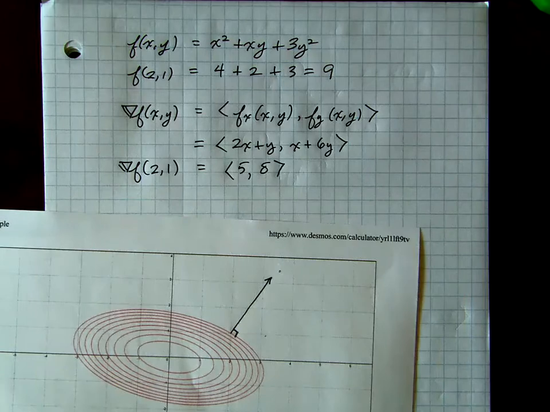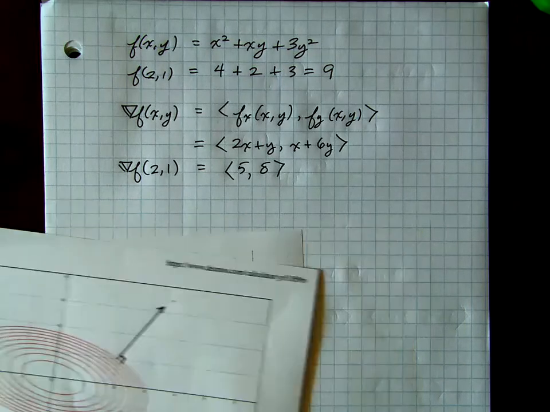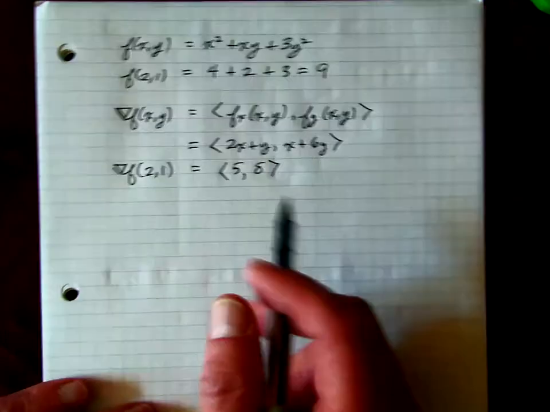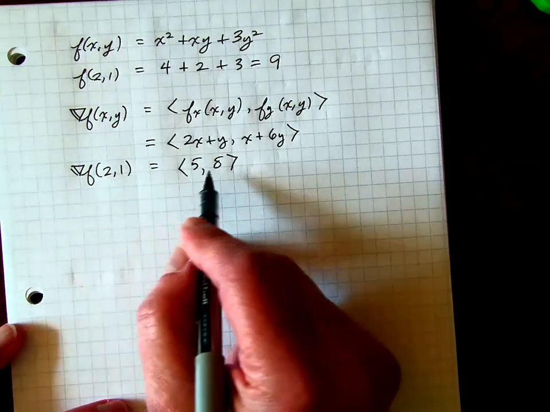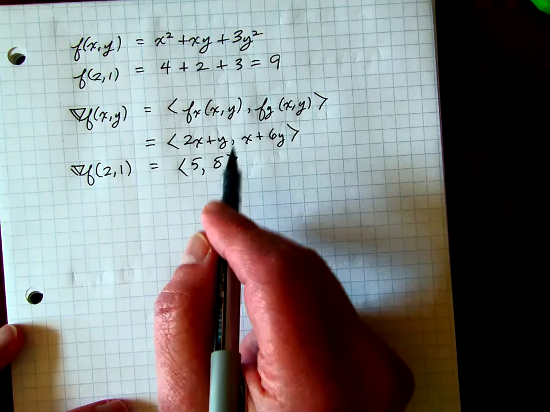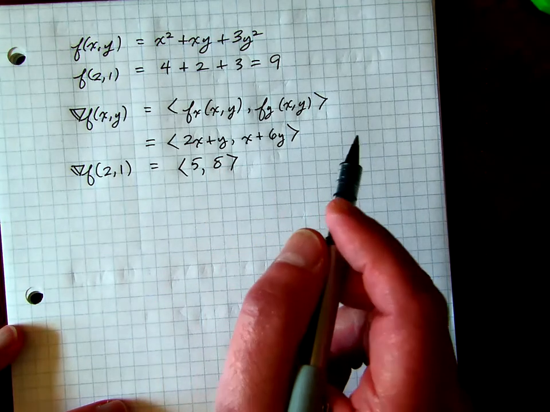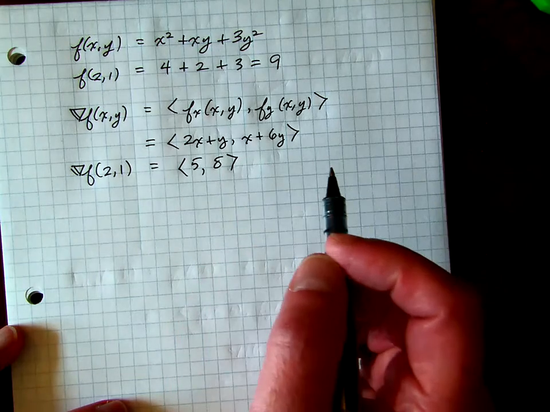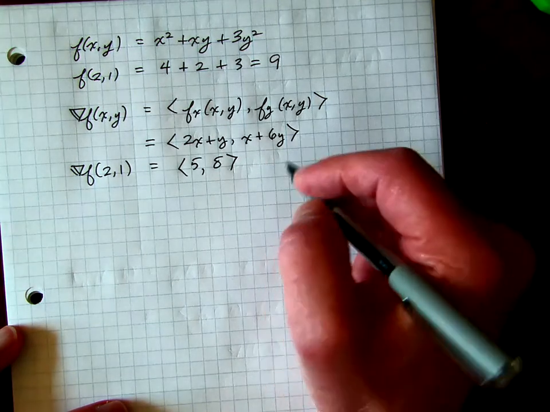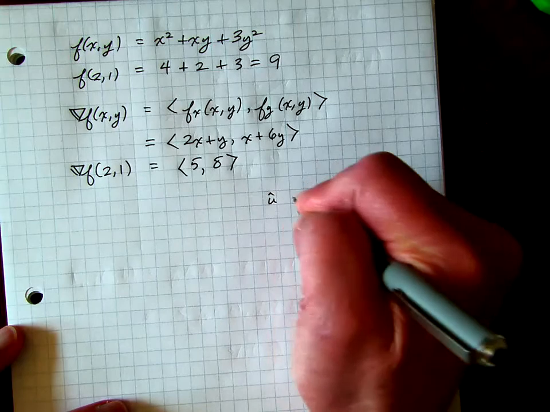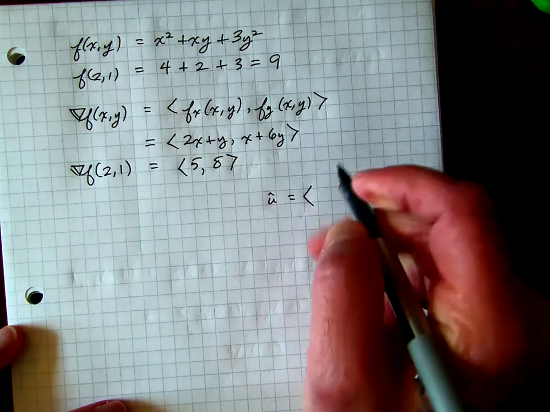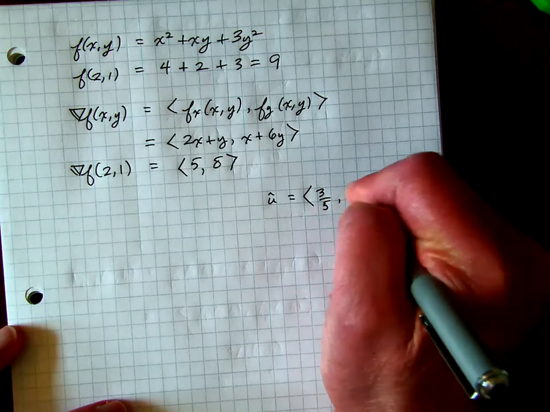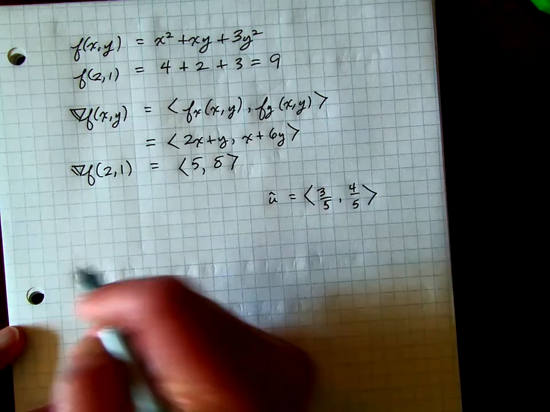Let's find out a little more. When you're looking at this gradient vector, if I were to pick a unit vector, like the one I had a little while ago, (3/5, 4/5), let's find the directional derivative.